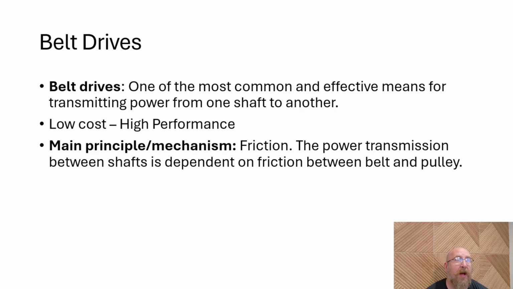The entire way in which they transmit power is due to friction. The belt itself meets the sheave, and it's because of the friction along the sheave that it is able to transmit power. And this leads to one of the significant limitations of belt drives.